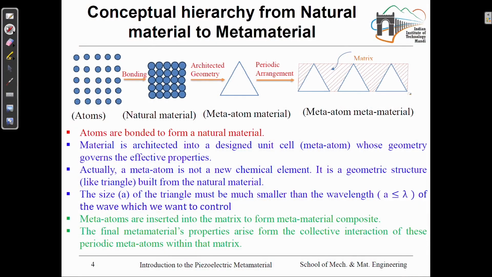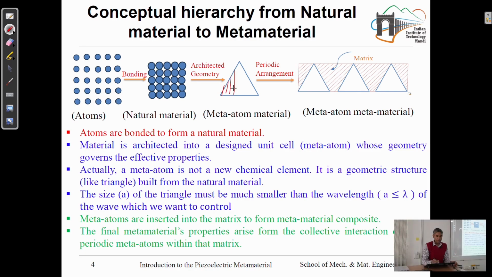See, this is a hollow triangle. We can even make a solid triangle. Or we can make this type of shape, or this type of shape, and accordingly we can have arrangement in this matrix.